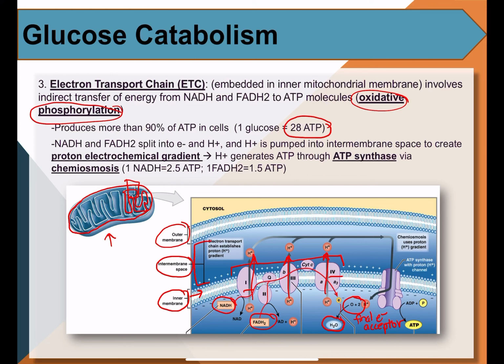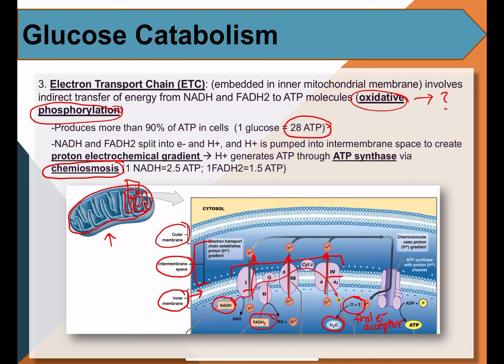Now, what do we mean by oxidative phosphorylation? It means that this is an indirect way of making ATP, where we are not moving phosphate groups one by one from one molecule to another, but we're relying on a concept called chemiosmosis. Chemiosmosis is when these protein complexes right here are pumping hydrogen ions from your mitochondrial matrix into the intermembrane space.